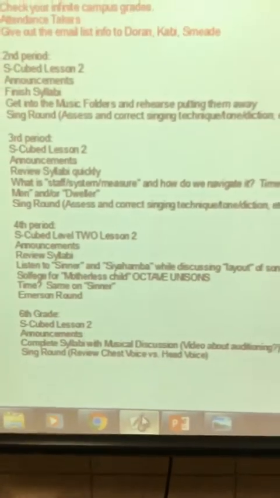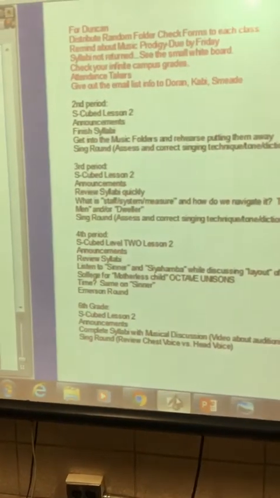Okay, so 4th period, they're going to do some listening to Sinnerman and Sia Humba, and they will talk about the layout of staffs and systems and octavos as well, but they don't have the struggles because they have experience. On theirs, I will talk about how the traditional layout for SAB is staff, staff, staff. You have your own words, and then the piano's below. Sia Humba and Sinnerman are the same, but their third song, Motherless Child, is not.